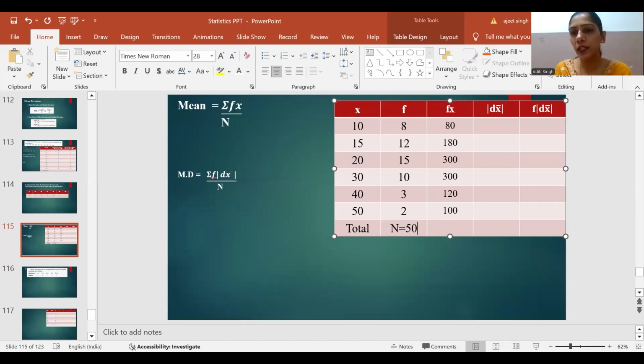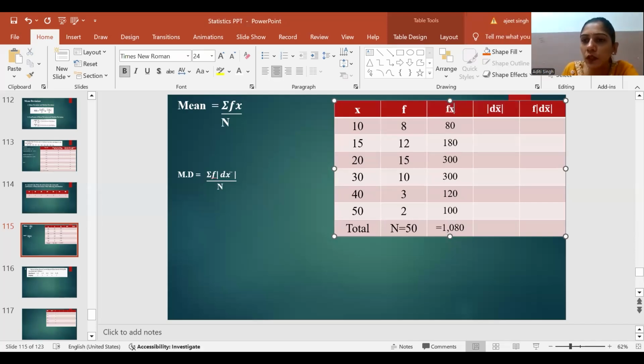So n is 50. Now we calculate the sum of fx, which is 1080. So 1080 is the total of fx.